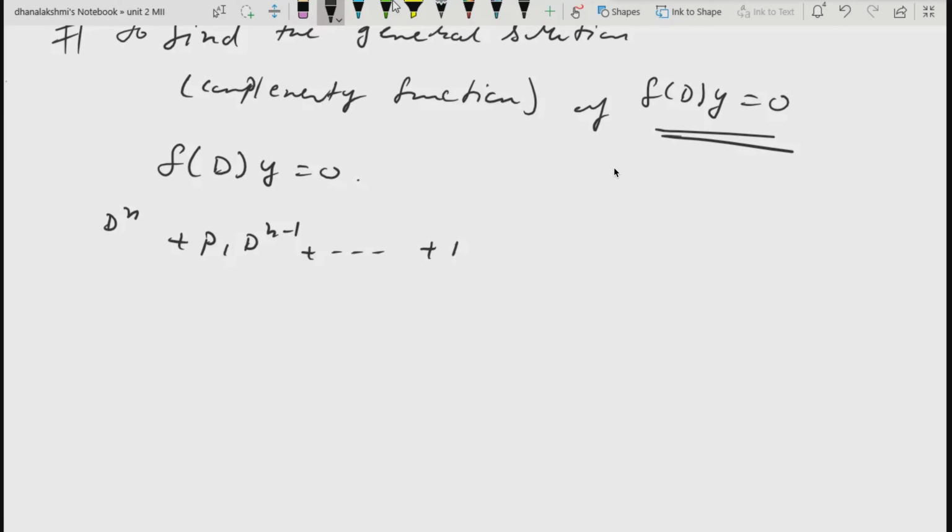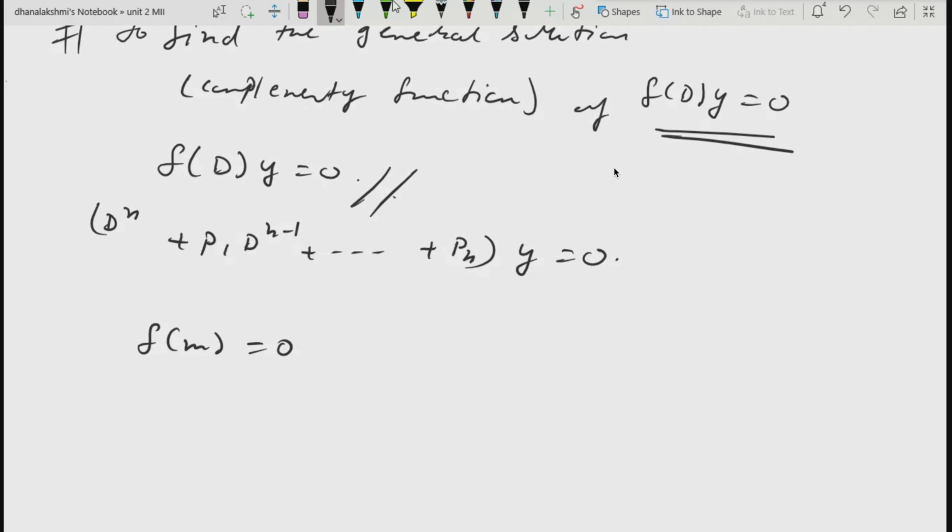Now you have to write the algebraic equation, or you can call it the auxiliary equation, by taking f of m is equal to 0. That means I am replacing D with the letter m. Remember that I have not written f of m into y is equal to 0. Can you find the difference? f of D y is equal to 0 is what is given to you, and I am writing my algebraic equation as f of m is equal to 0.